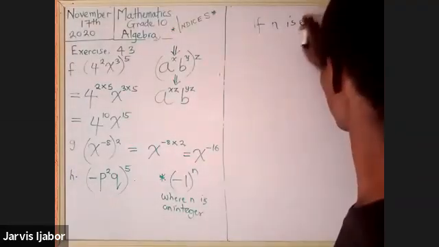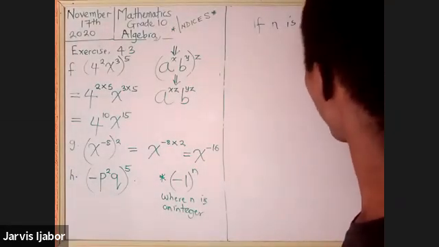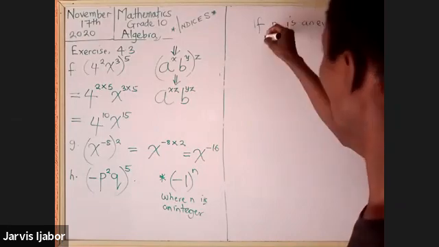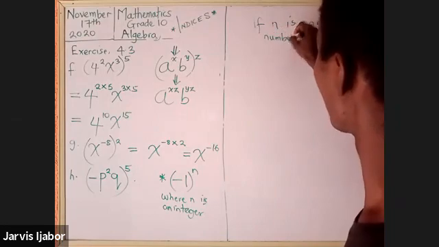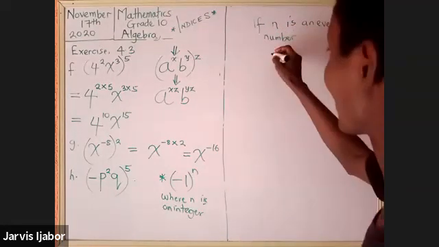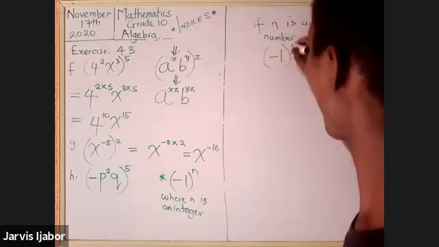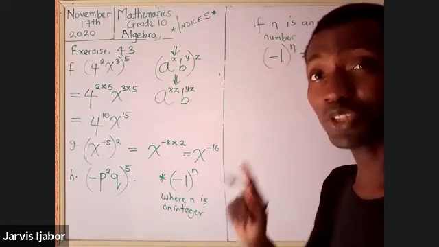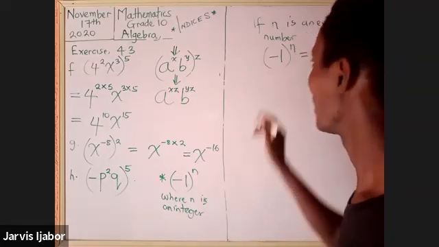What you have is that negative 1 all raised to the power of n will be equal to 1. Please take note of this because you're going to be seeing it in application soon.